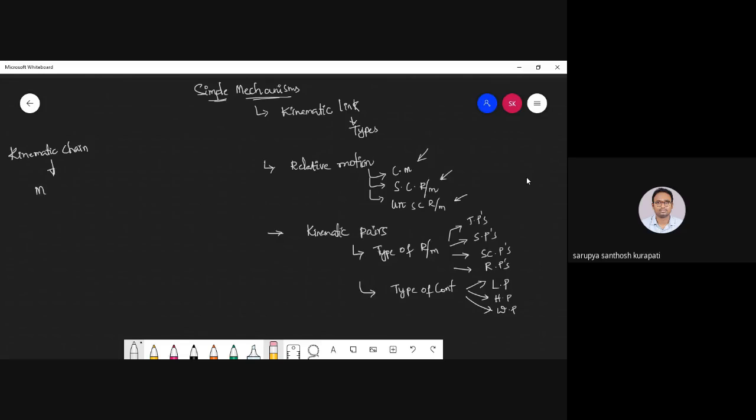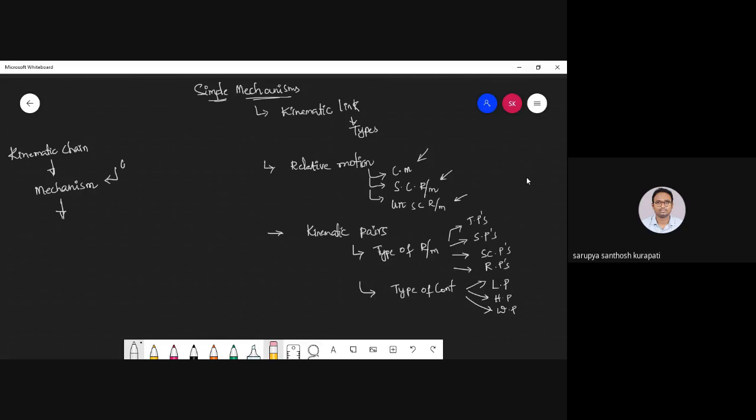And afterwards, mechanism. Just tell me, when can a kinematic chain become a mechanism? Raghunath? Yes sir.